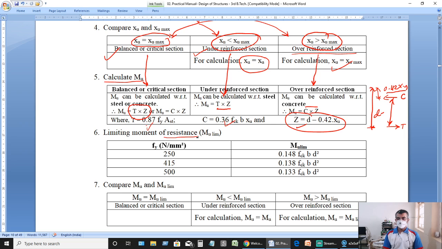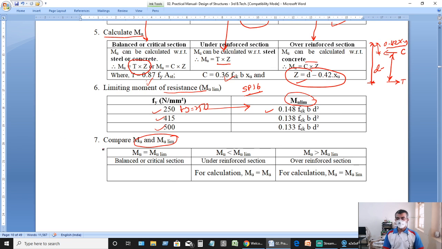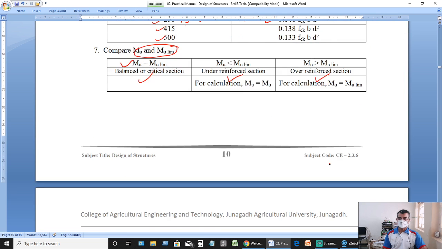Then we find out the limiting moment. For limiting moment, the equation is given in SP16. If your Fy is 250, then it will be 0.14 FCK B D square. So you find out this value of Mu limit for the relevant grade of steel, and then we compare Mu and Mu limit. If Mu is equal to Mu limit, then it is a balanced section. If Mu is less than Mu limit, then it is an under reinforced section, and if Mu is greater than Mu limit, then it is an over reinforced section.